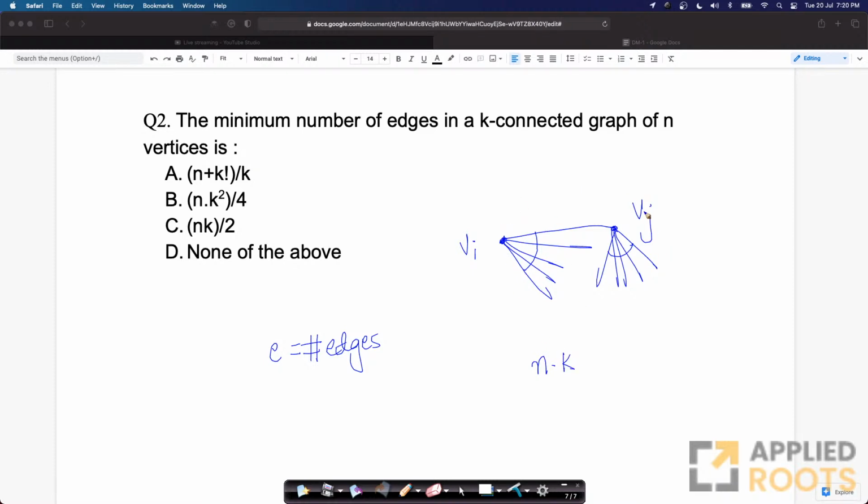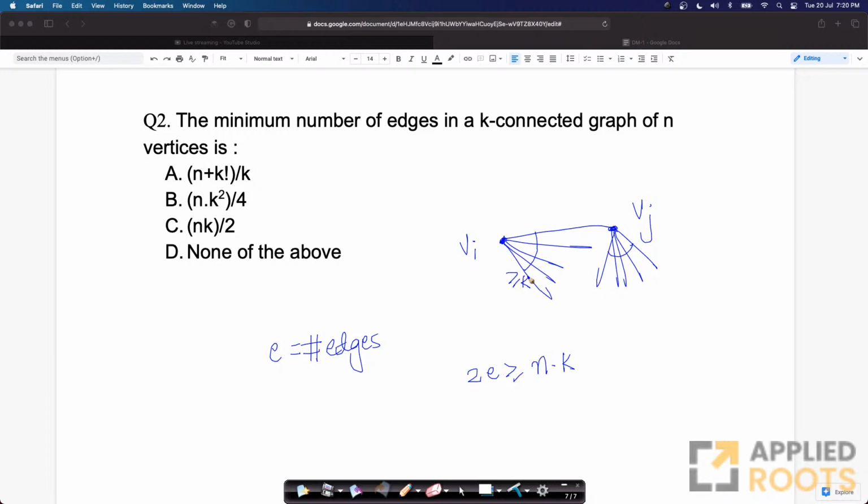So the total sum of degrees of the vertices will be greater than or equal to nk. And we know that the sum of all the degrees of the vertices is equal to 2 times the number of edges. The greater than or equal to is there because each vertex can have degree greater than or equal to k.